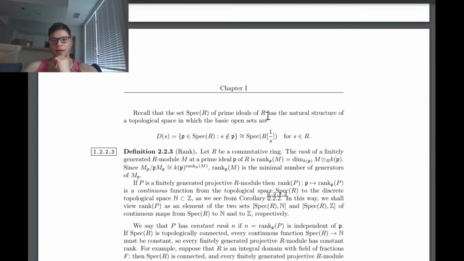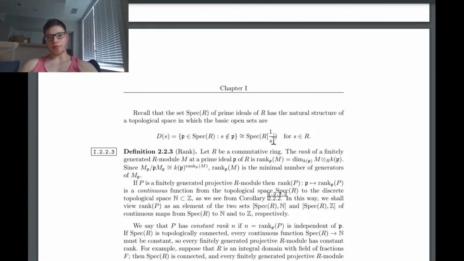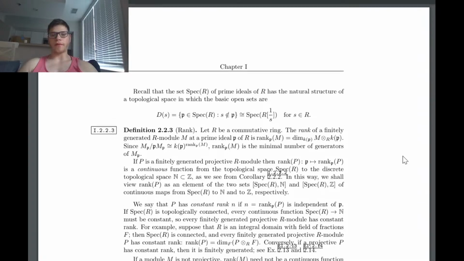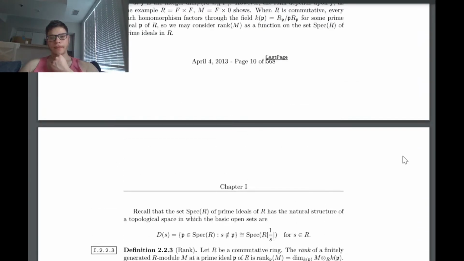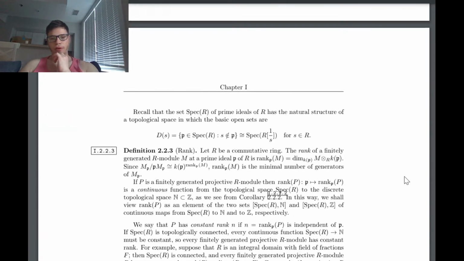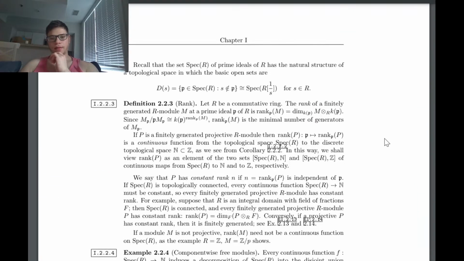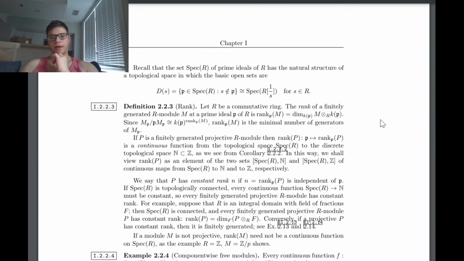Recall that Spec R has the natural structure of a topological space, where the basic opens are D(s), which is Spec of R[1/s]. Okay. Now the rank of a finitely generated R-module at a prime ideal P is just the dimension over the residue field.